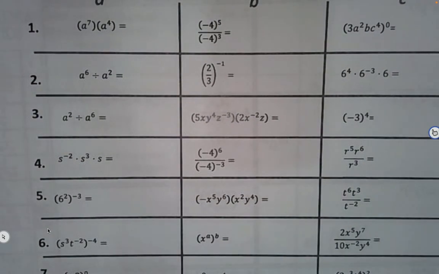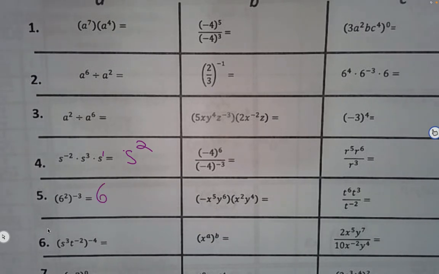So on 4 you've got your S, and then what is -2 plus 3 plus 1? 2. That's it. S squared. And on 5, you're going to have your base of 6. What is 2 times -3? -6. But be careful, when you have a negative exponent, what do you do with it? Turn it over, 1 over. Yes, 6 to the 6th power.